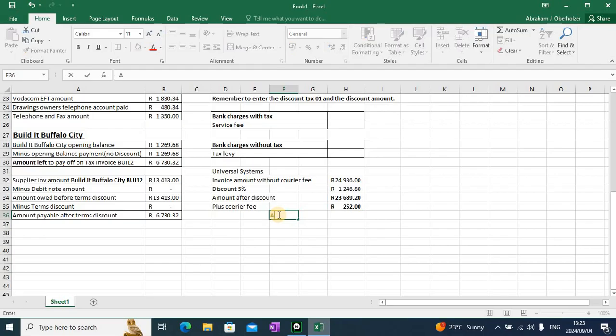So the amount payable is going to be that one plus that one, 23,941.20.